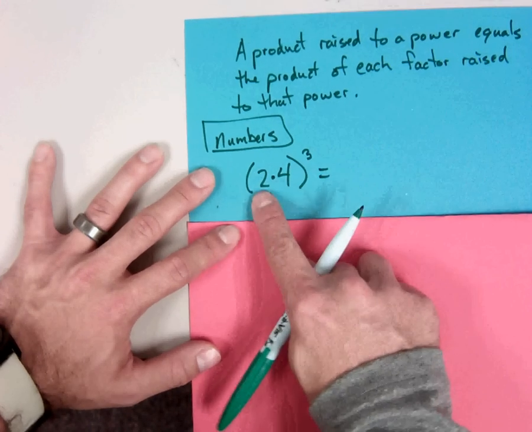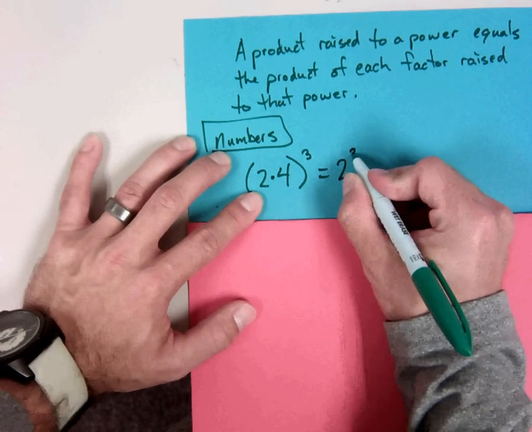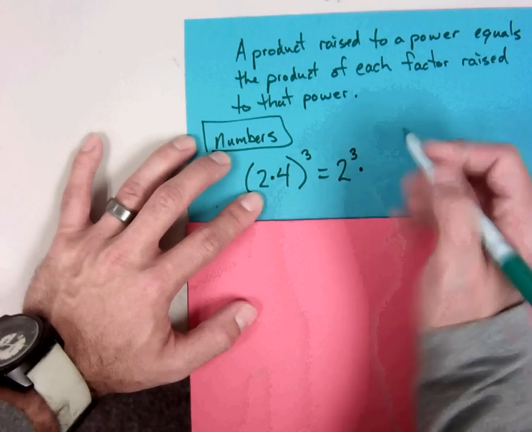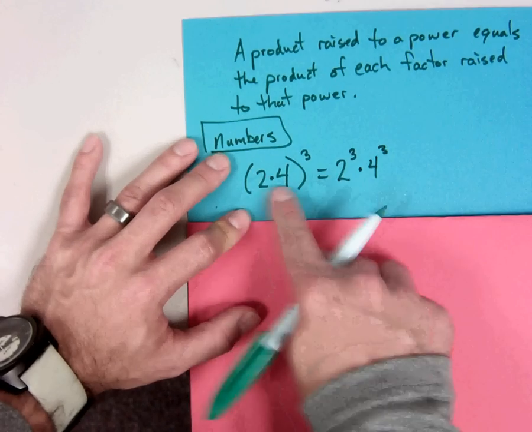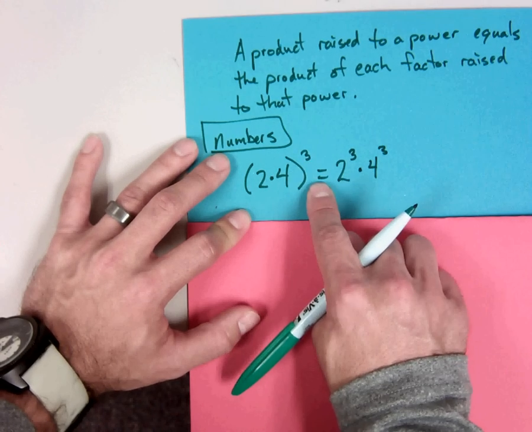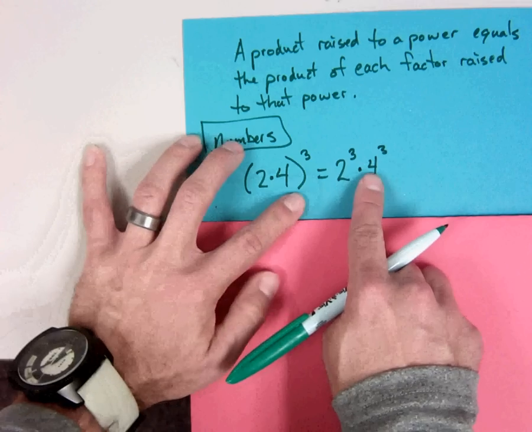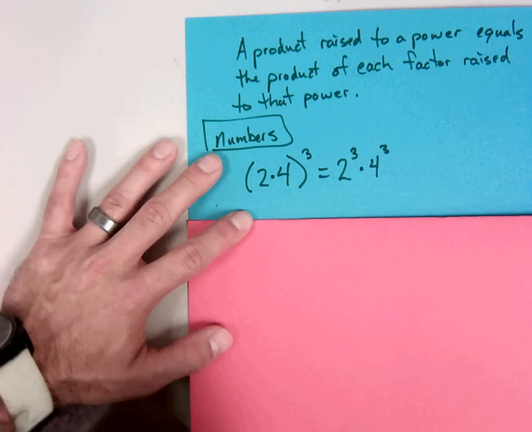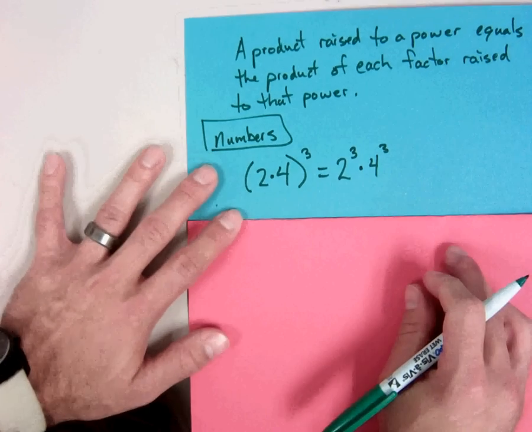So we're going to have the factor of 2 raised to the 3rd times the factor 4 raised to the 3rd. So I have a product, 2 times 4, raised to the 3rd, equals the product of each factor, 2 and 4, raised to that same power. So they're both raised to the power of 3. Okay? It's kind of like distributive property with the exponents.